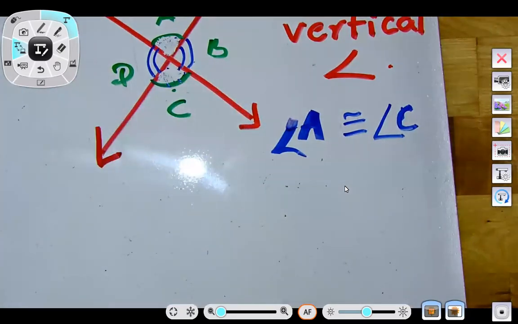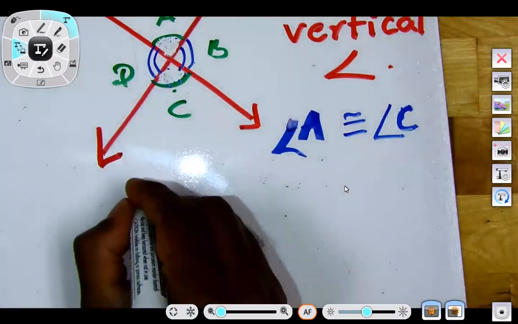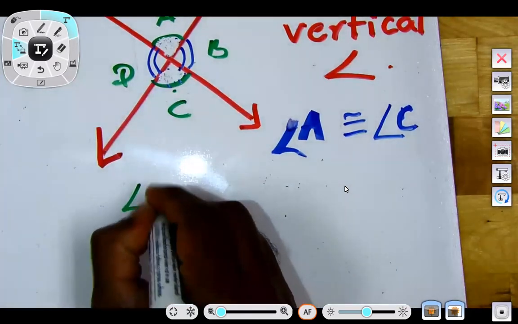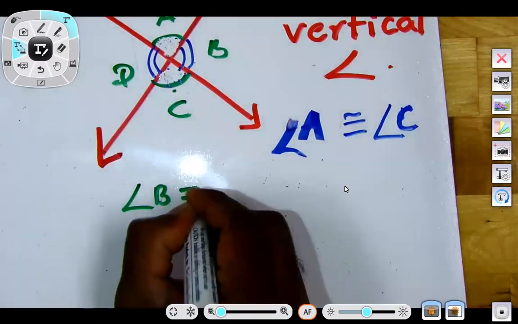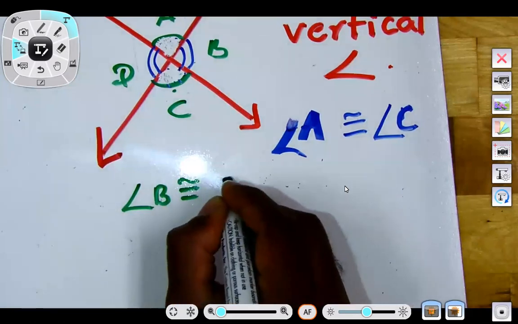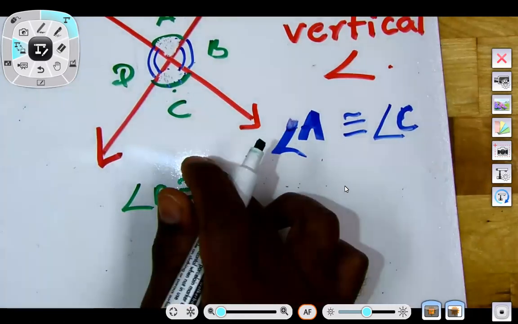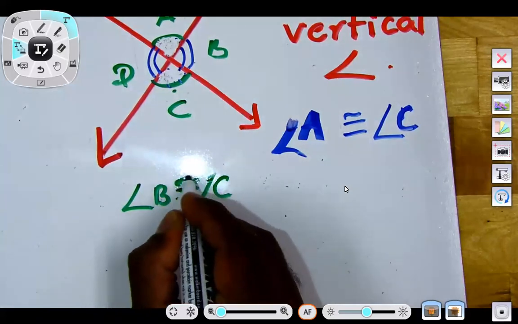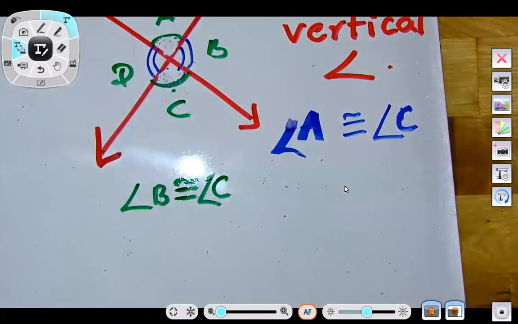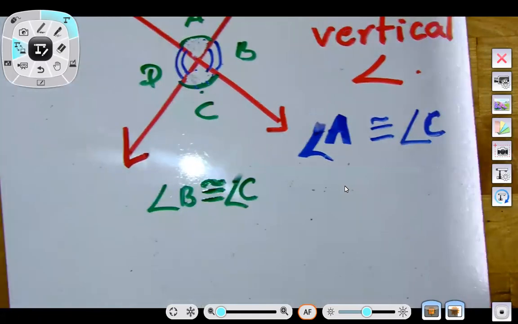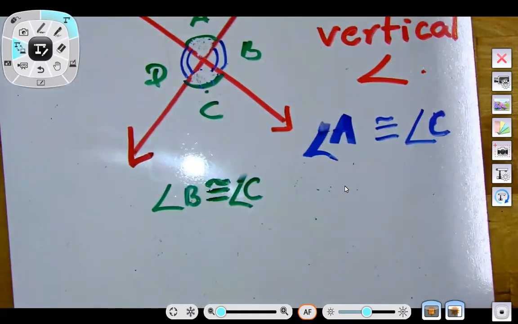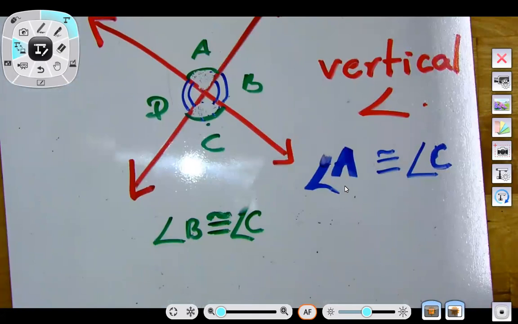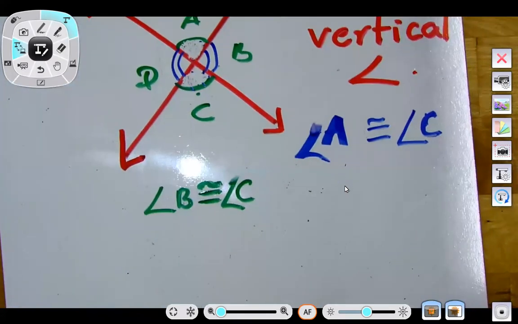So now we can say angle B is congruent to angle D. For the congruent sign, you put an equal sign with a little wavy thing on top, okay? I think now you can see it better. So you should know it.